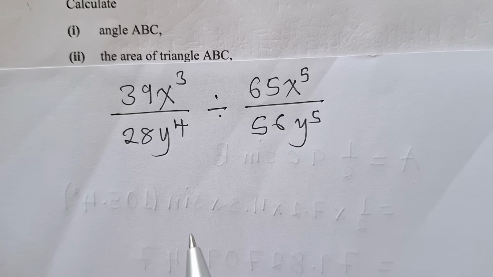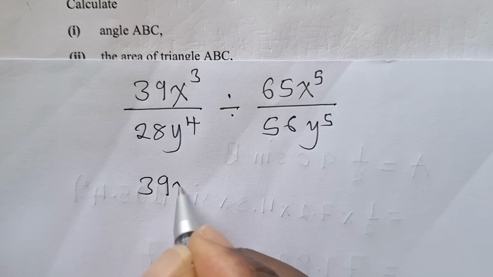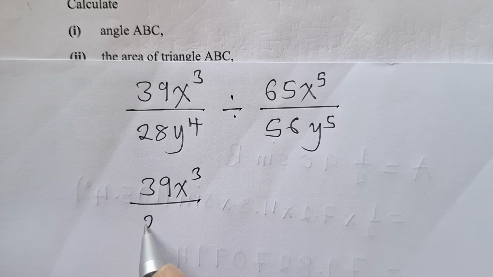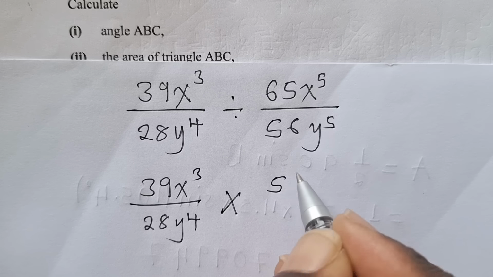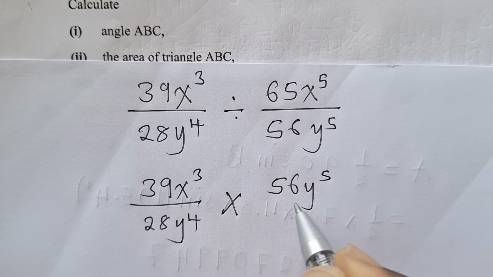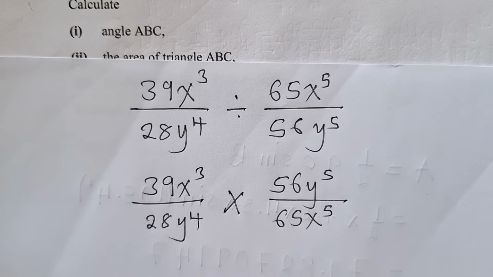So we're going to use the rule of division. When dividing fractions, you of course reciprocate. So this will be times 56y^5 over 65x^5.